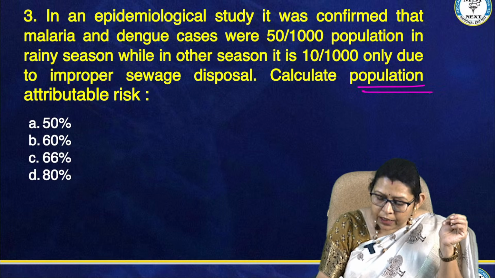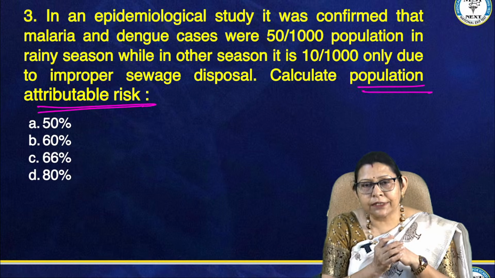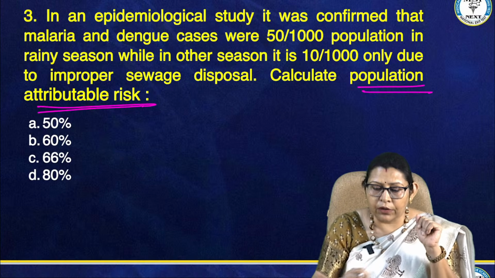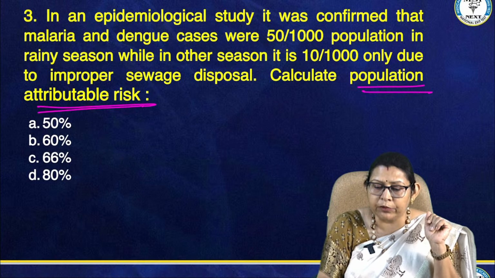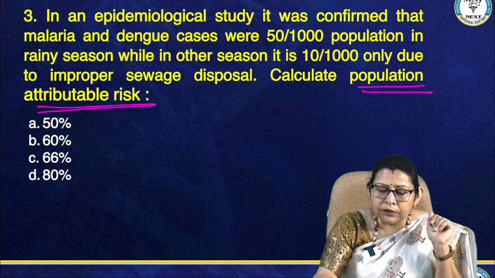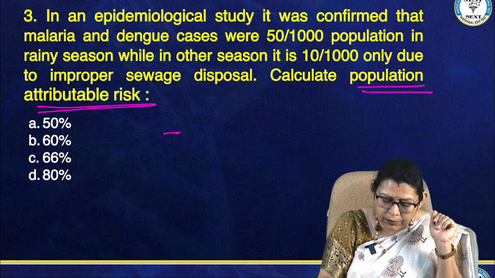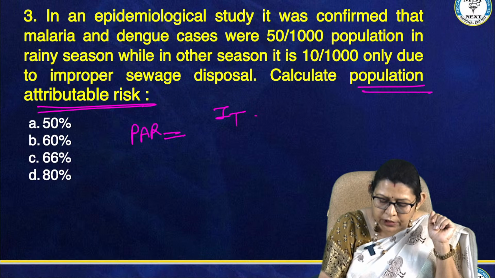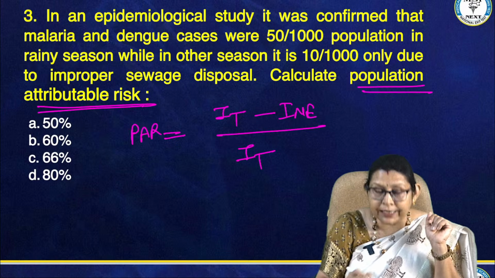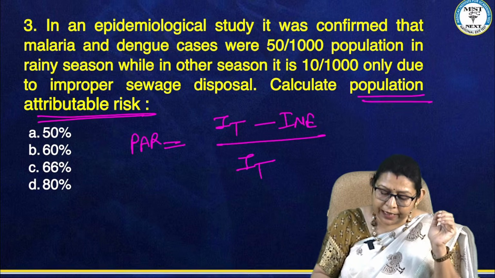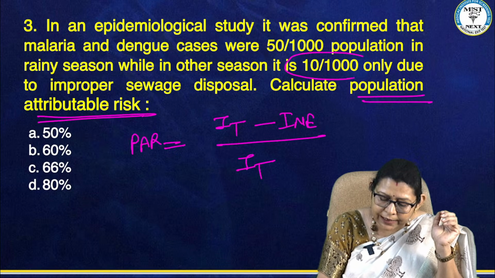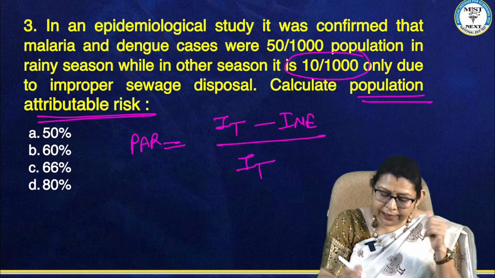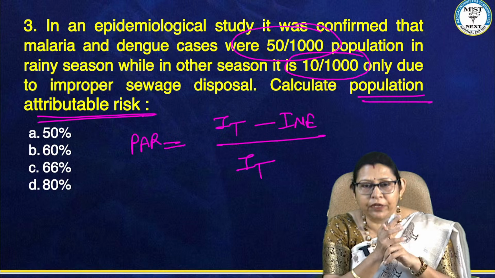Now here, again you first have to recall the formula for population attributable risk: it is the incidence in total minus incidence in non-exposed, divided by incidence in total. Here the incidence in non-exposed is given, it is 10 per 1000, and the incidence in exposed is given, it is 50 per 1000.